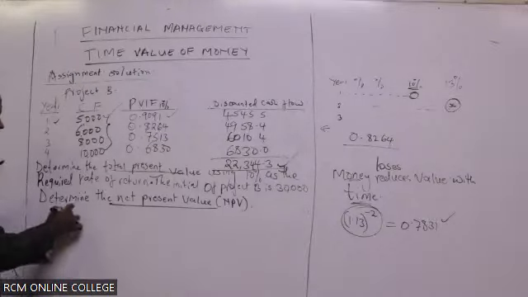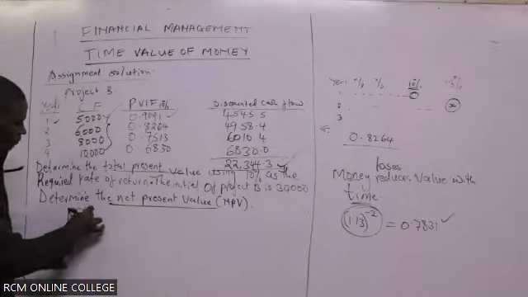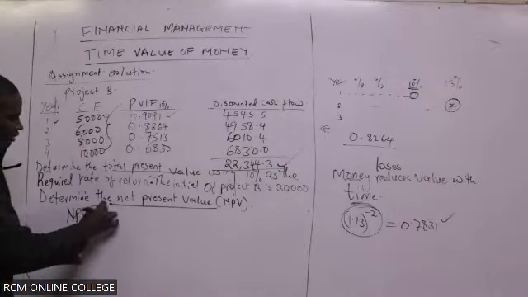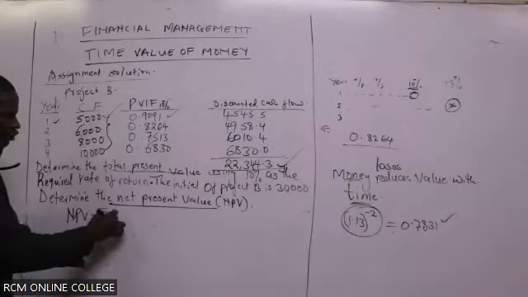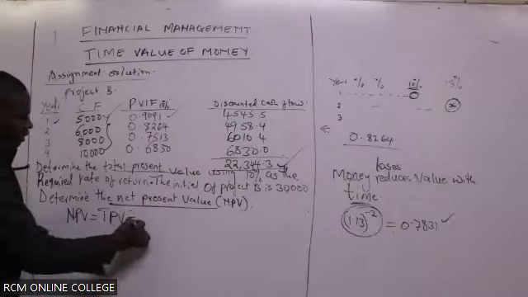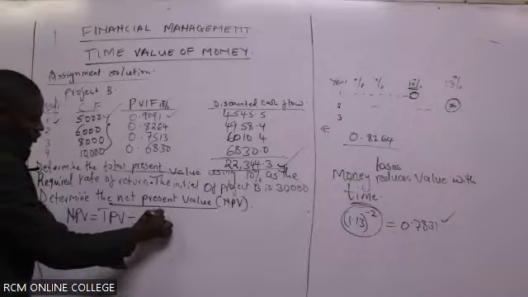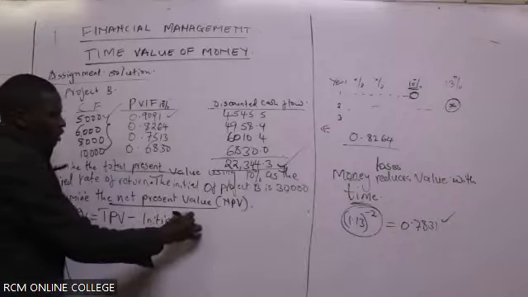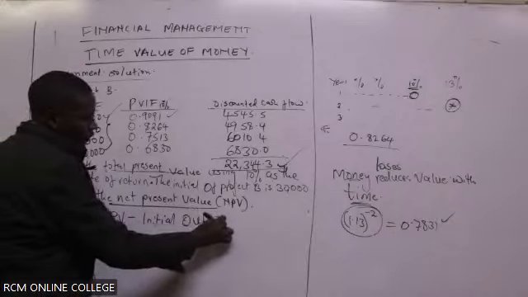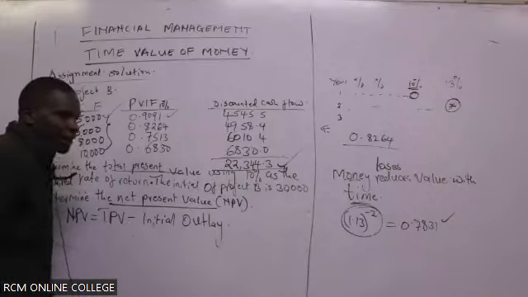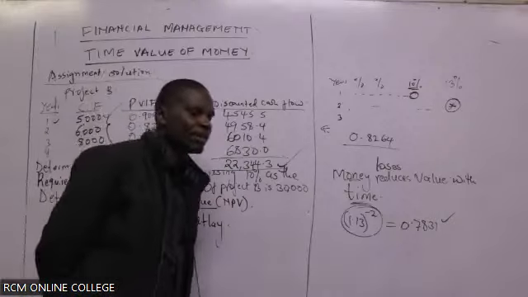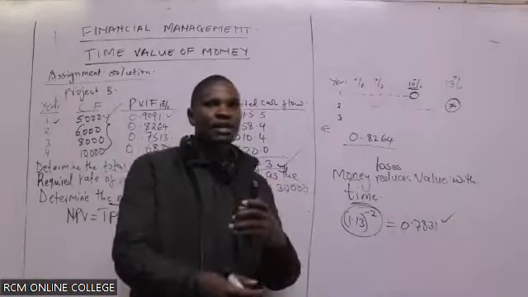Class, to determine NPV, we say that it's gotten by getting the total present value minus initial outlay. Now I want somebody to give me their net present value of project B. Remember, now we started expounding.